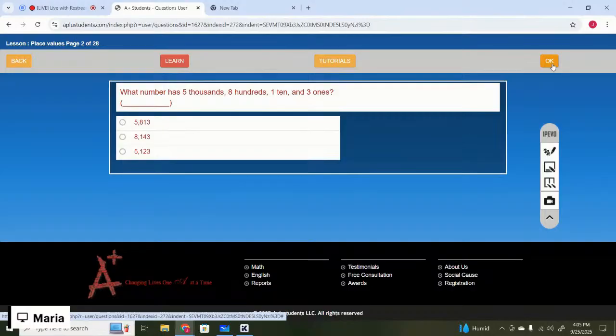So which is the correct option? Option number one is the correct option, that is 5813.